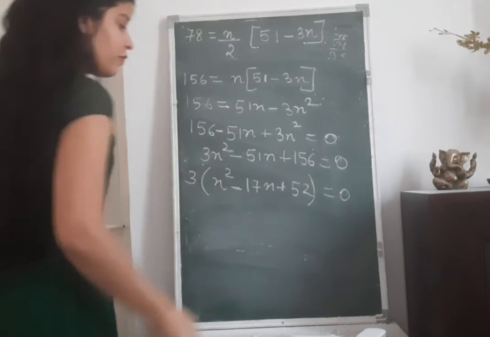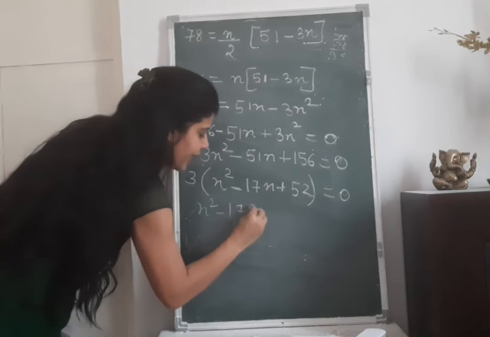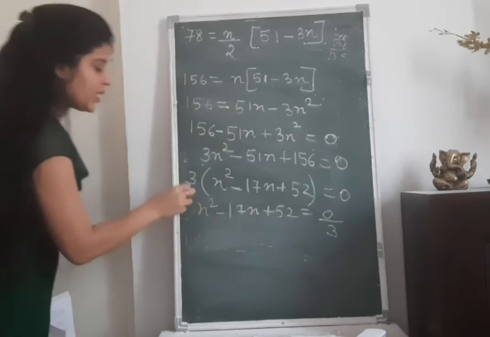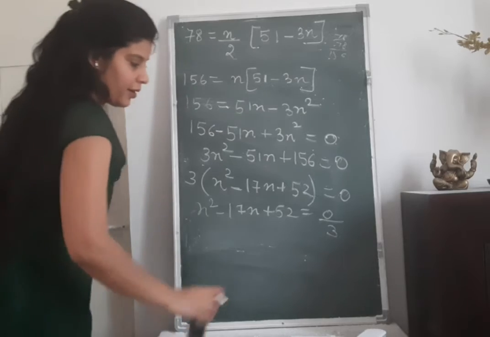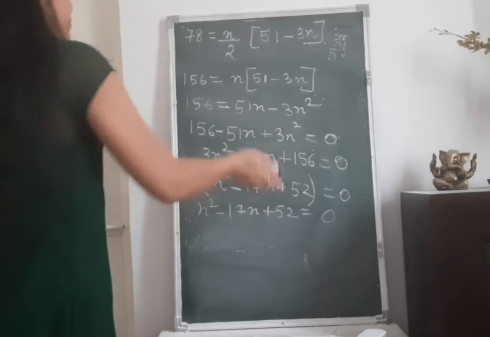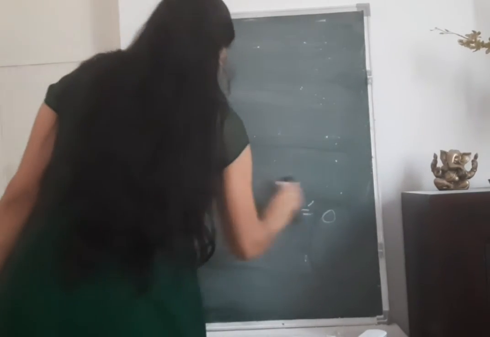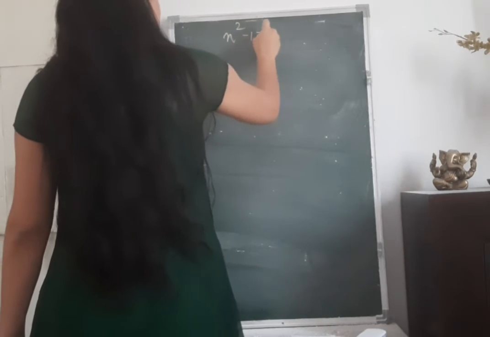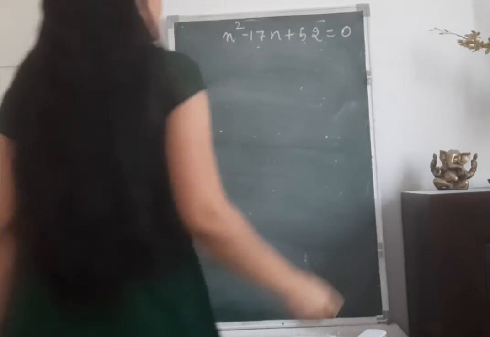This becomes 52. Now see, n square minus 17n plus 52 is equal to what? 0 divided by 3, because this is multiplied here. When it goes there, it goes in division. And 0 divided by 3 is equal to what? 0. So what is our final equation which we have? The final equation becomes n square minus 17n plus 52 is equal to 0.